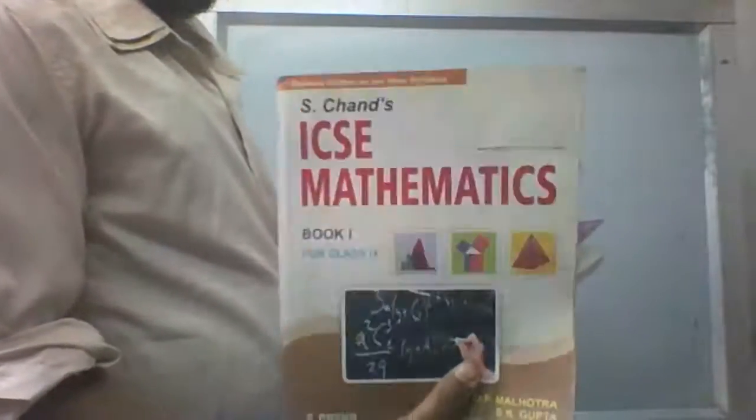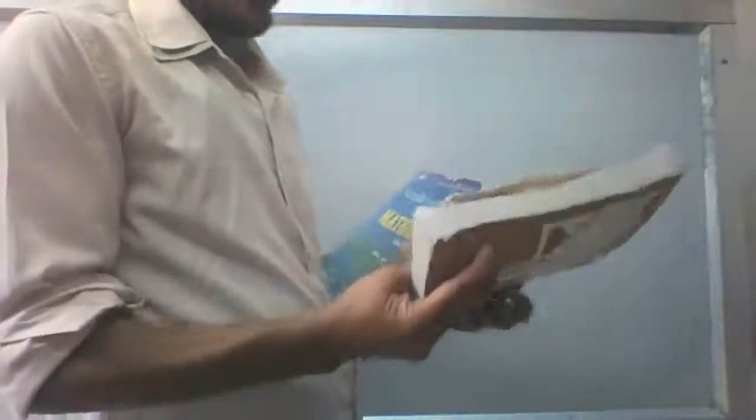This is one mathematics book for class ninth. This is the second mathematics book for class 9, Concise Mathematics, from Selina Publication. This is S. Chand publication, ICSE Mathematics class 9th, third book. This is the fourth book, Understanding ISC Mathematics class 9th by M.L. Agarwal. And likewise, I am having the fifth book, R.D. Sharma, the most important books.